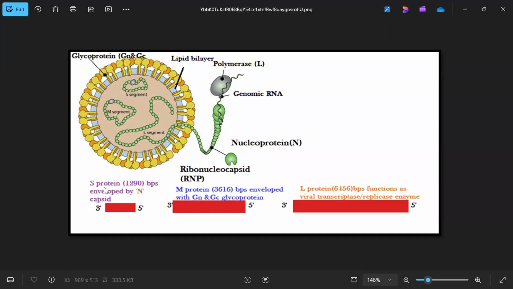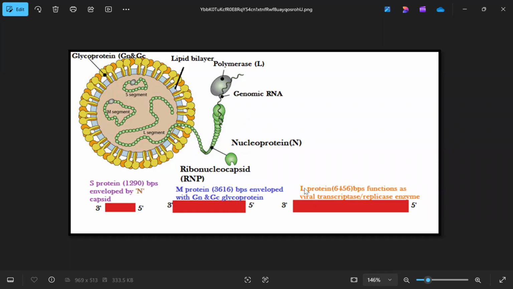And this S segment, the small segment, is going to code for the N, which is the nucleoprotein. So the small segment codes for the nucleoprotein. The medium segment is coding for the GN and GC glycoprotein.